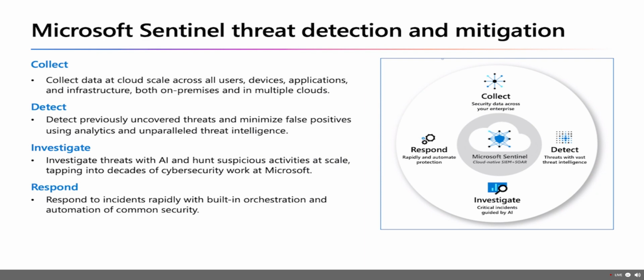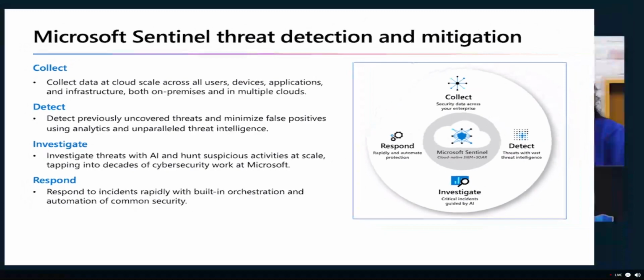We first collect data at cloud scale across all users, devices, applications, and infrastructure, both on-prem and in multi-clouds. The second step, we detect previously uncovered threats and minimize false positives using analytics and unparalleled threat intelligence.